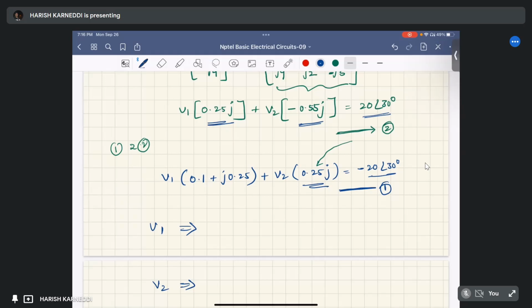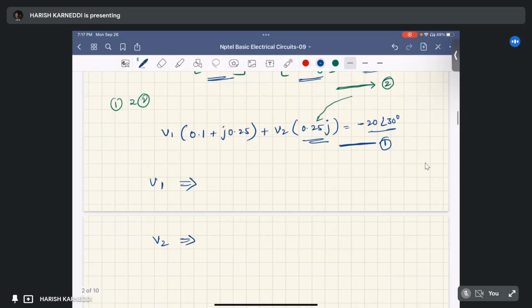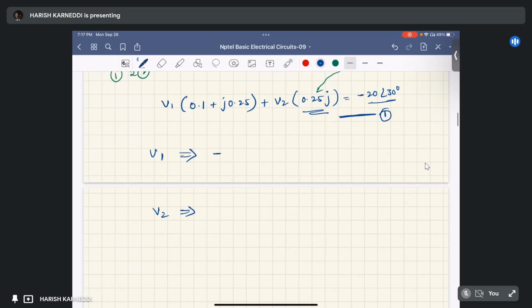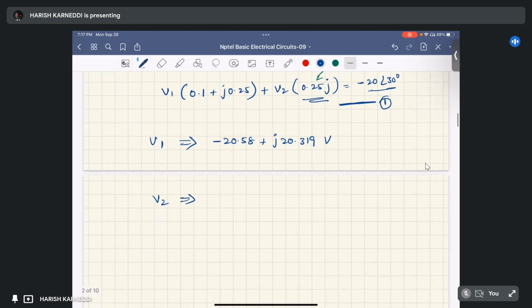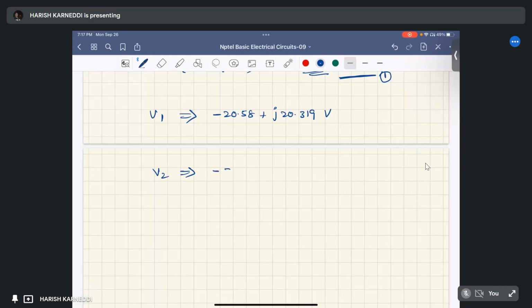Now what is the value of V1? V1 equals minus 20.58 plus J 20.319 volts. And what about V2? V2 is minus 27.539 plus J 40.72 volts.